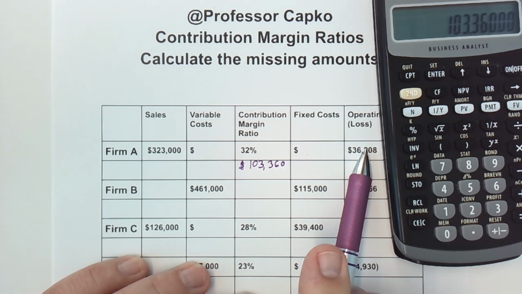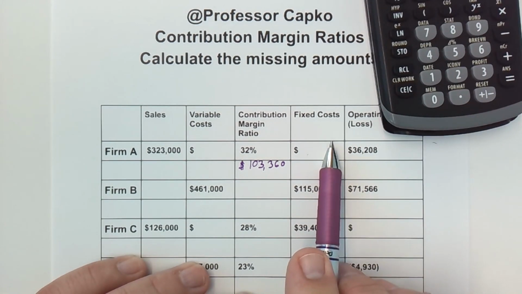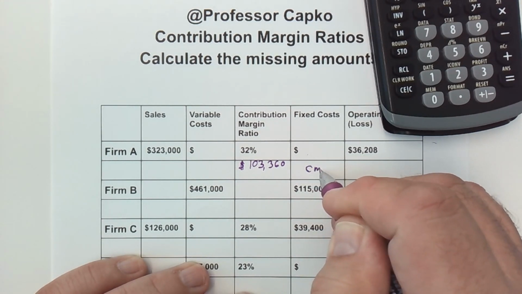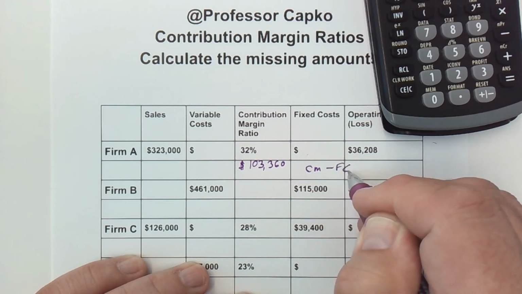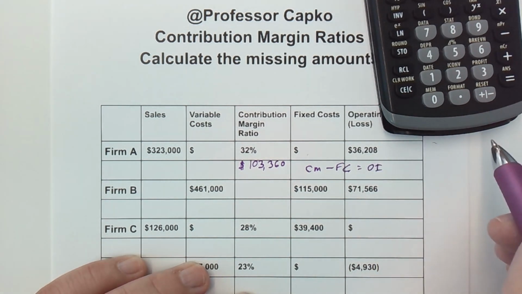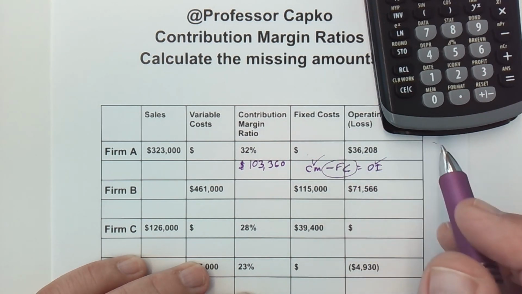So now we know the contribution margin, we should be able to figure out the amount of the fixed costs, because contribution margin minus fixed costs is equal to our operating income. If we know this number and we know this number, we can find this number, right?